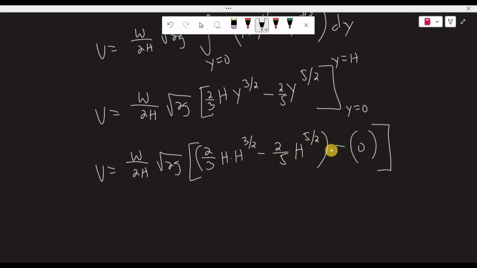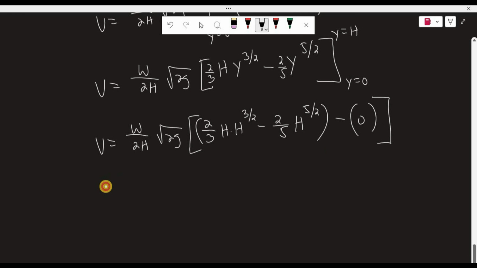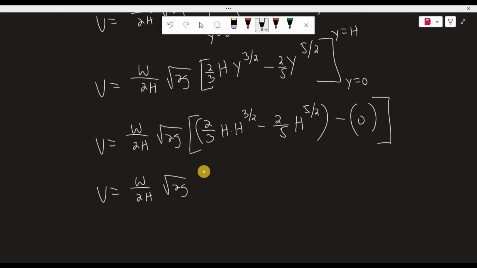And then simplifying, w over 2h square root of 2g, then 2/3 h times h to the 3/2 is h to the 5/2 minus 2/5 h to the 5/2.